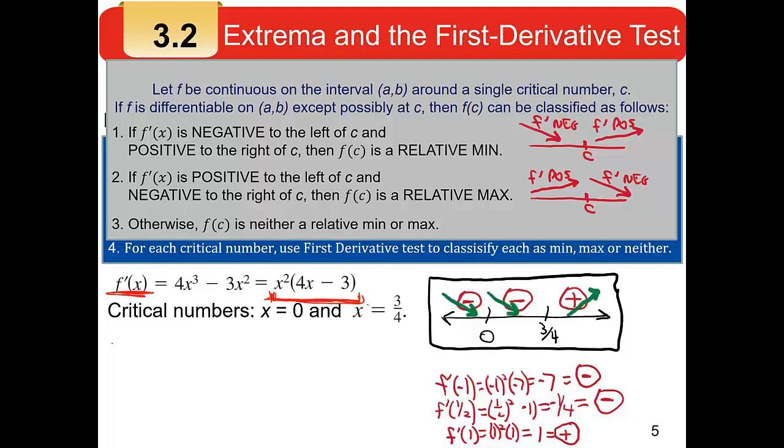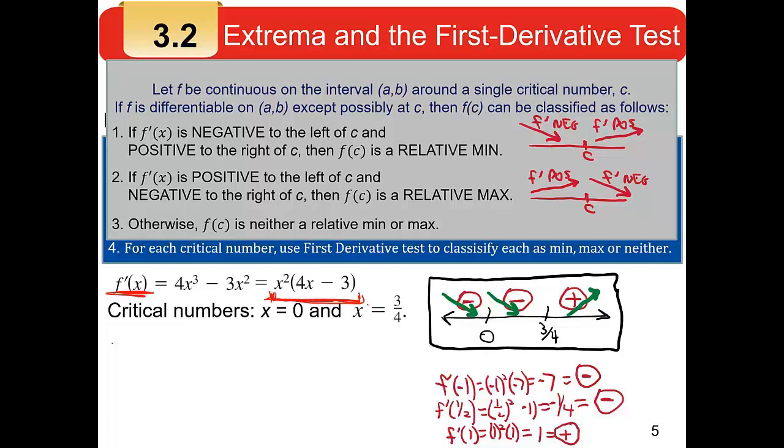So if you look at those negative signs, remember those were plugged into the derivative, and that tells you about the slope. So to the left of 0, the function's decreasing, so I sort of arrowed down. Between 0 and 3/4, it was still decreasing, so I arrowed down again. Once it passed 3/4, it starts up again, so I arrowed up.